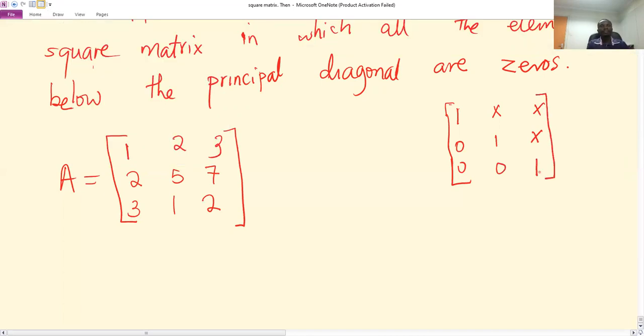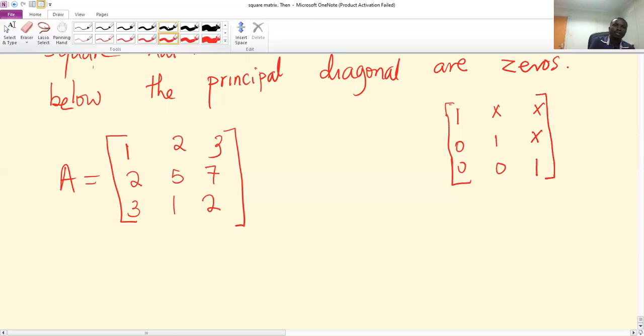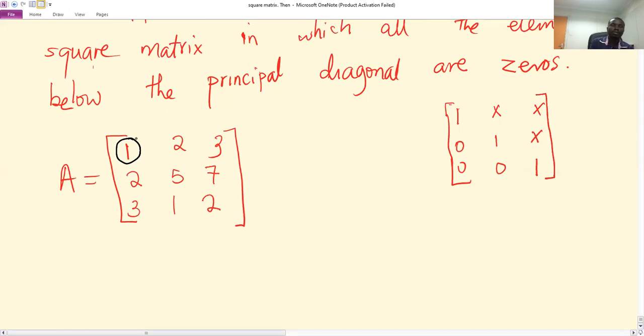We see from the matrix itself that this position is in the correct form, but this should be 0.